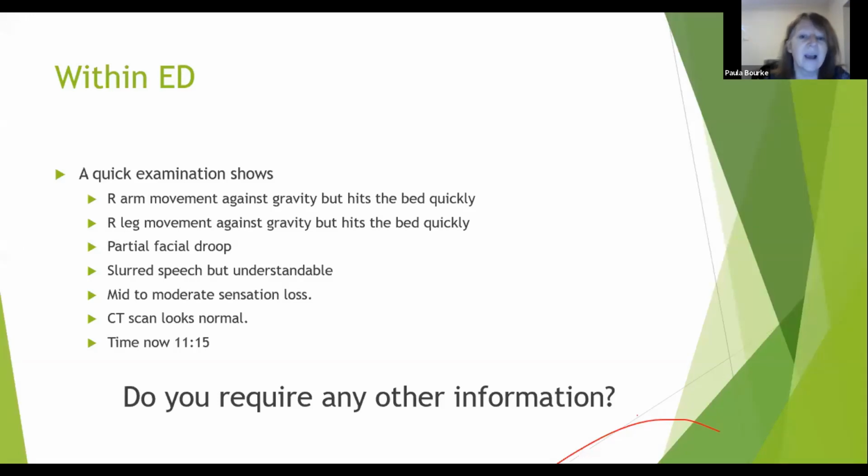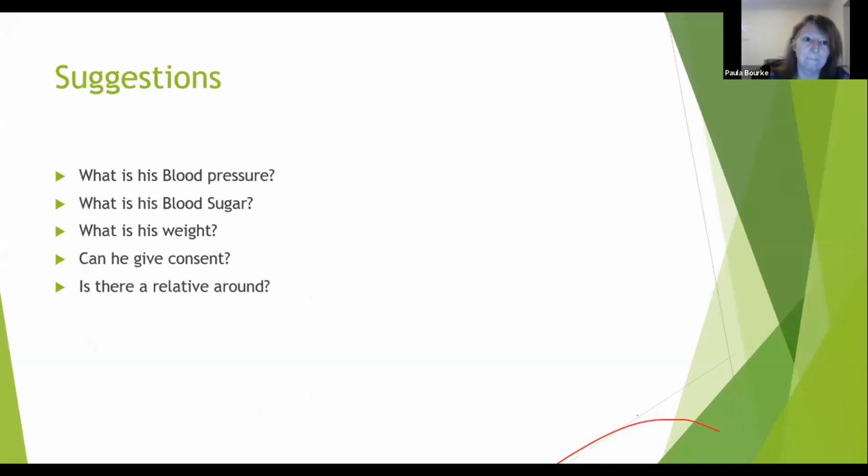Do you require any further information? What other information would you be asking at this stage? What is his blood pressure would be a good one. Is he suitable? Because he sounds suitable for thrombolysis, but then you have to start thinking about the others, don't you? So what is his blood pressure? What is his blood sugar?